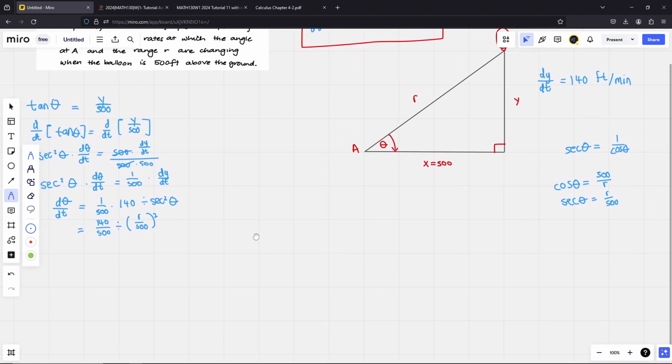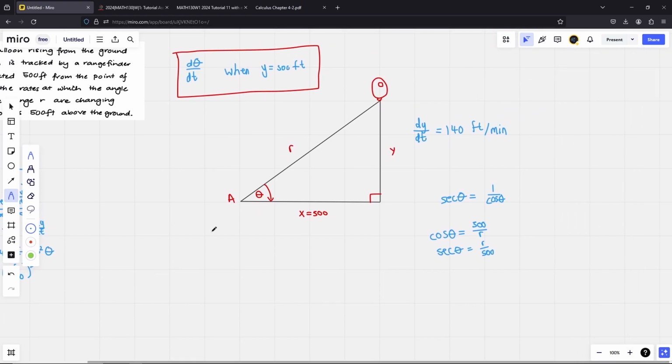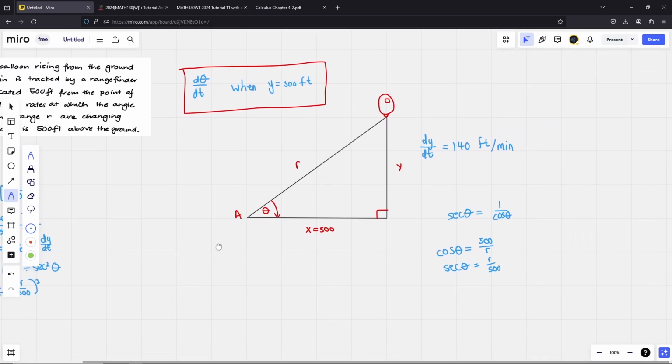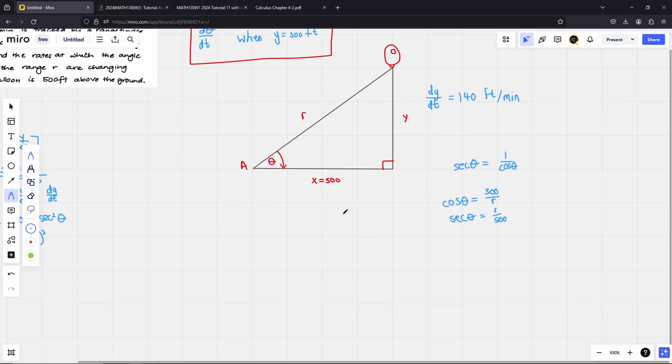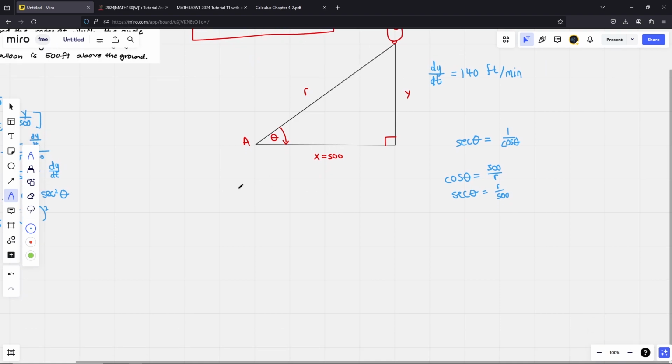So now we have r as an unknown, and you might be thinking, what is r? How do we get r? Well, we do have a right angle triangle, so by Pythagoras I can say r squared is equal to x squared plus y squared.